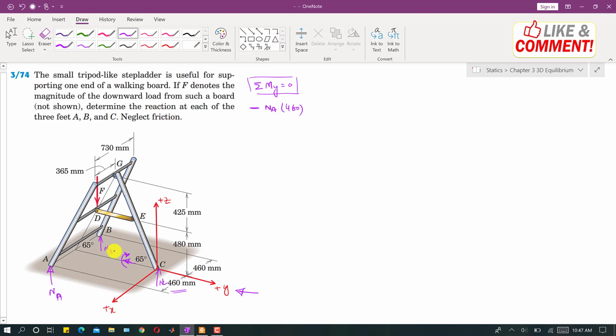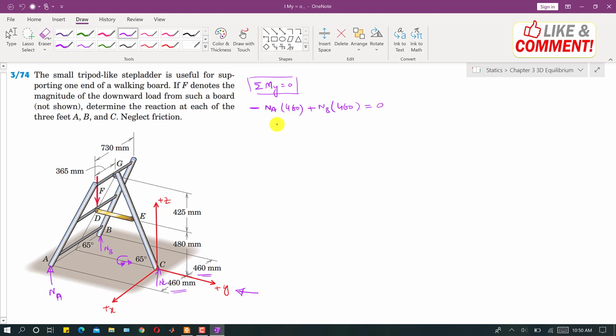Similarly this NB is also producing a moment about y, and if we curl our right hand fingers, the thumb will point in the positive y direction. So I will write plus NB, and the perpendicular distance of NB from the y axis is this 460 mm, so I will multiply this with 460 equals 0.